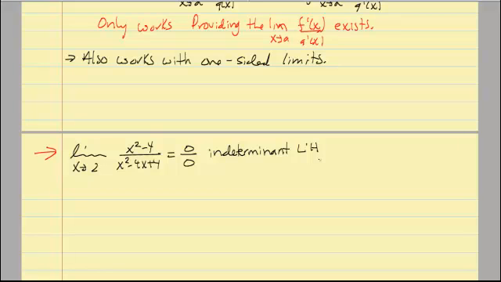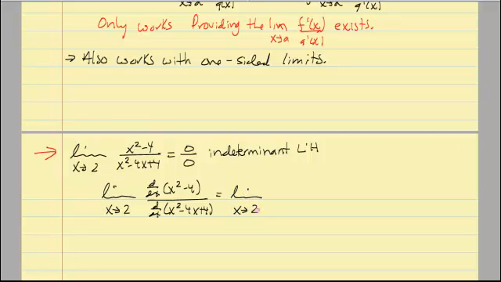Okay, so if I wanted to right now, I could apply L'Hopital's. L'Hopital's rule says that I take the limit as x approaches 2 of the derivative of the numerator divided by the derivative of the denominator. So I take the derivative of the numerator to get 2x.